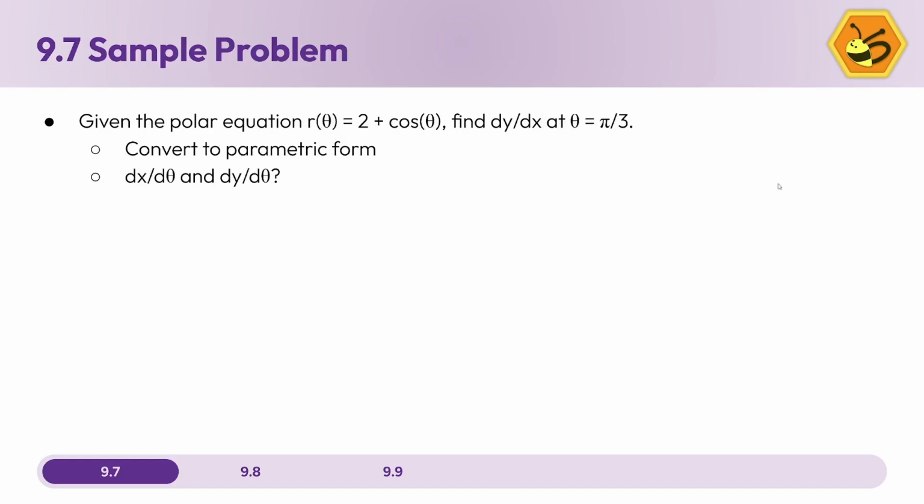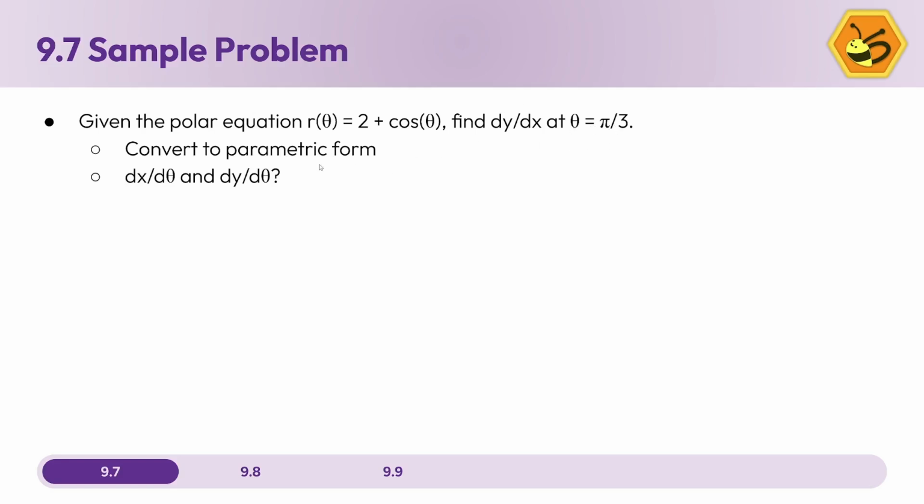If not, let's all try to solve this question. Feel free to attempt this on your own, and then let me know what you get in the chat. Just to give you an idea of how I've structured these sample problems, the main problem is up here, and then these sub bullet points are just some hints and guiding questions if you need them. For example, in this problem, we want to find our derivative in terms of dy and dx at this point.